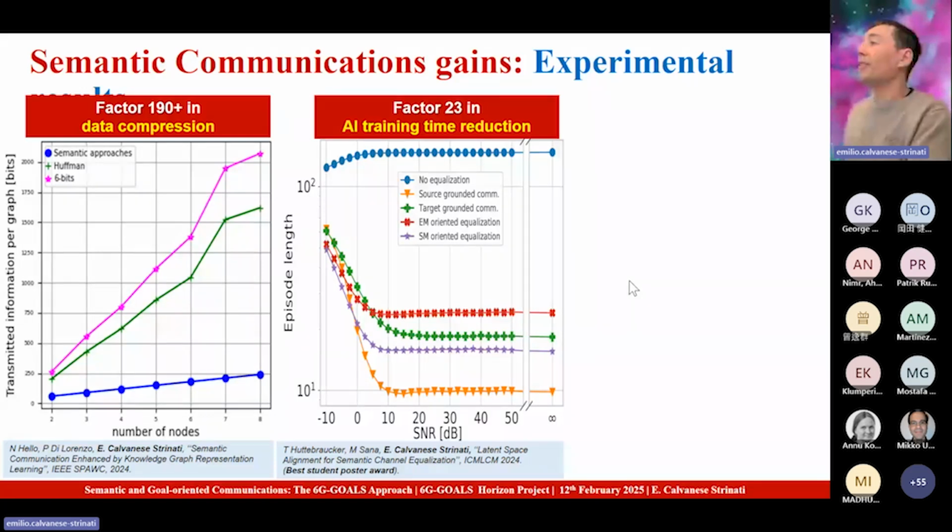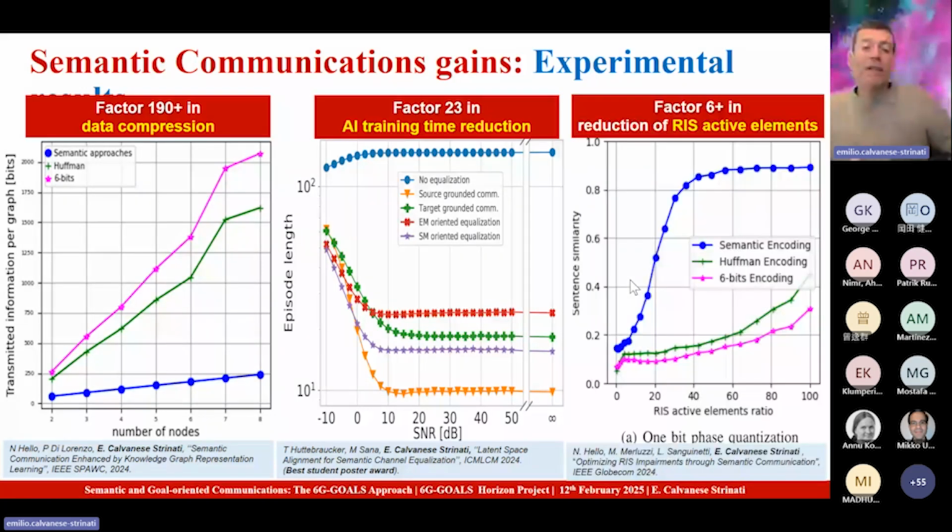And then the third example is something closer to the physical level. We show how, by using semantic robust communication, so by having this additional layer of protection, we can, if you take the case of reconfigurable intelligent surfaces, make an example. We compare the semantic approach with a classical encoding approach.